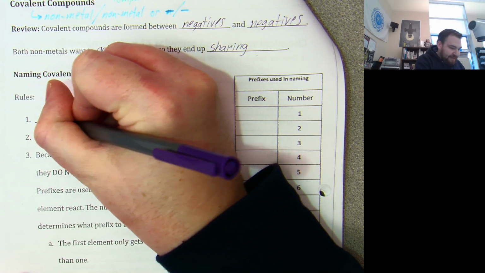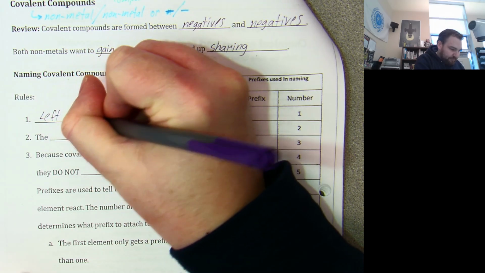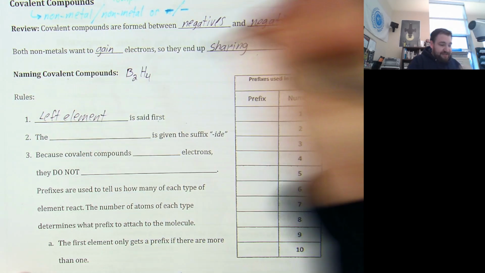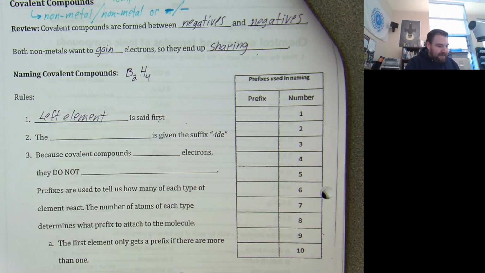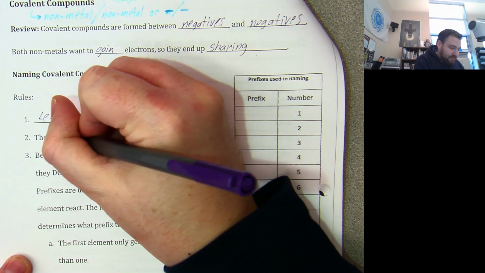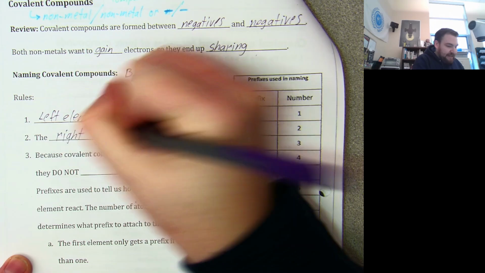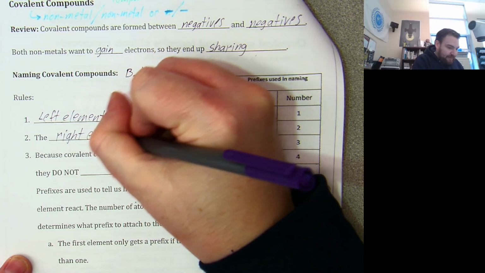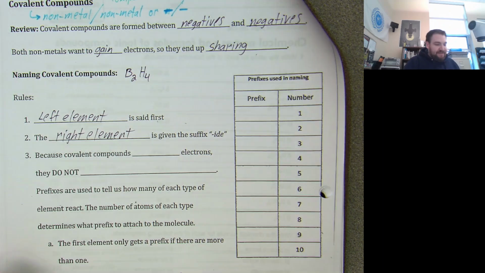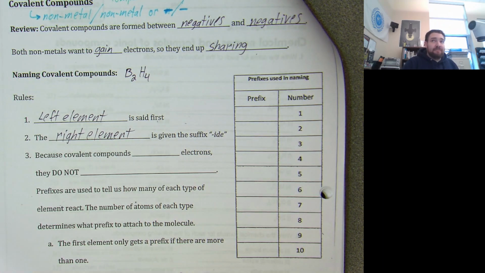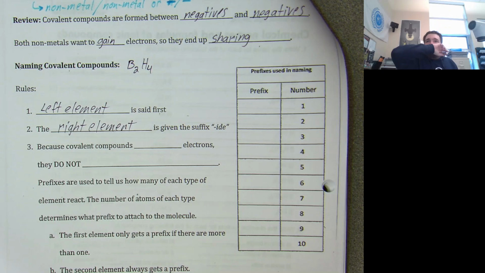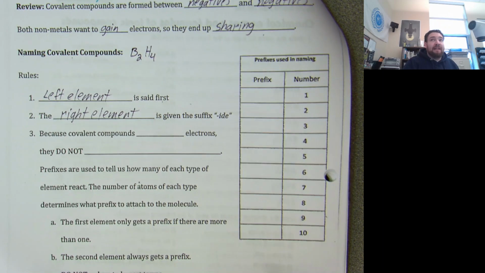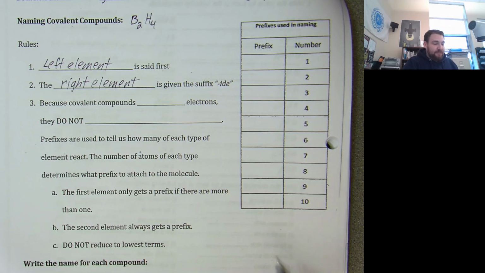So the left element is said first, and whatever is on the right is changed to IDE, where the right element is given the suffix "ide." At this point, it's not about metal, nonmetal anymore. It's about whichever one's on the left and whichever one's on the right.